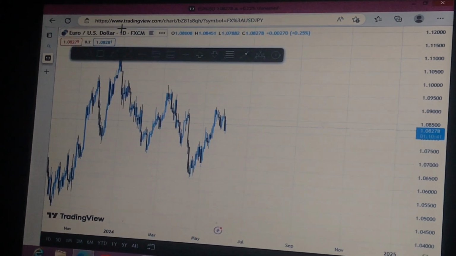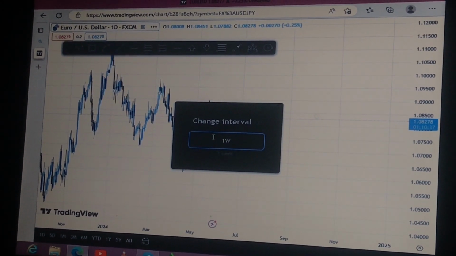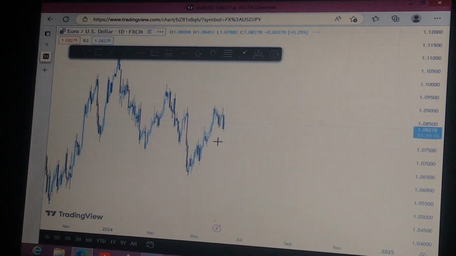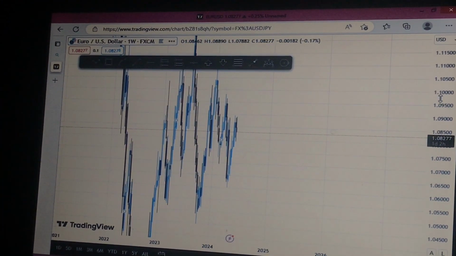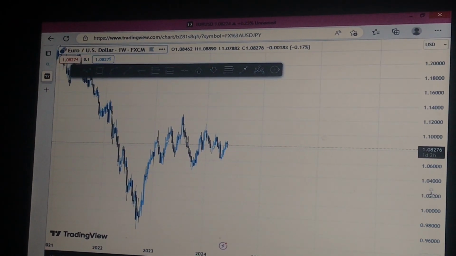So first things first, you wanna go to your weekly time frame, your 1 week. I'm in a rush because the camera is low on battery, so I have to be fast here, right?